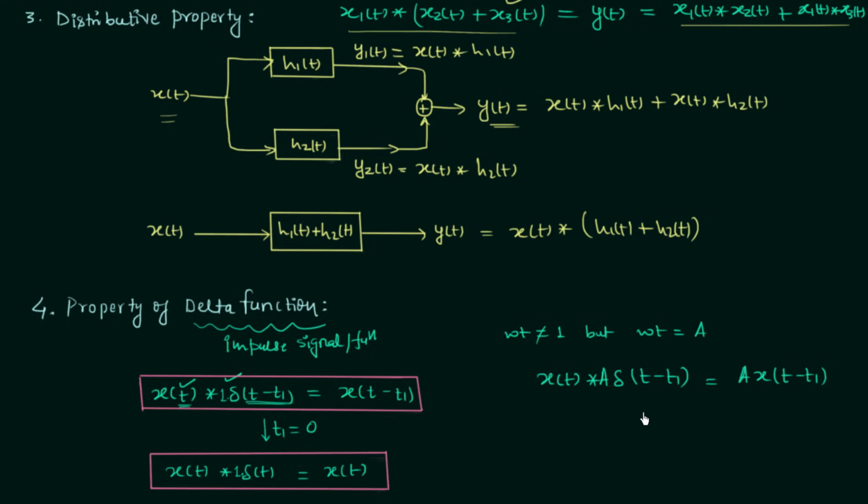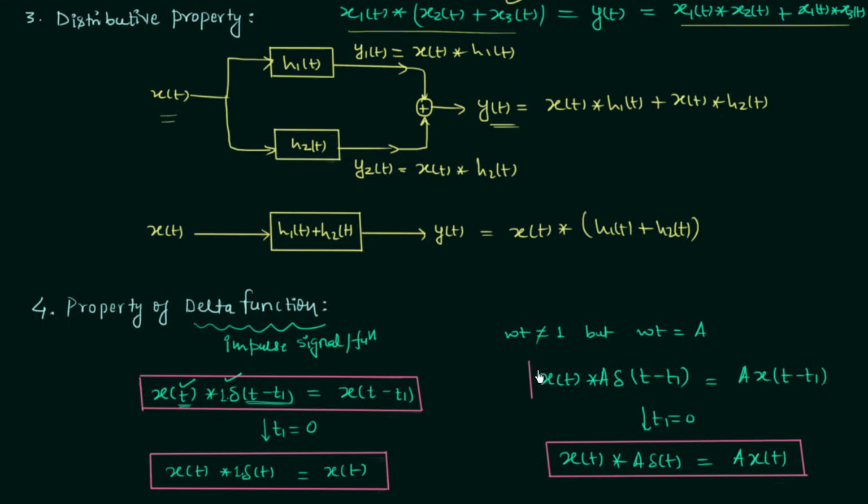In the same way, when we have t1 equal to 0 in this property, we will have x(t) convoluted with a times delta(t) and it is equal to a x(t). You can remember all the different forms. And now we will try to solve two examples based on this property.